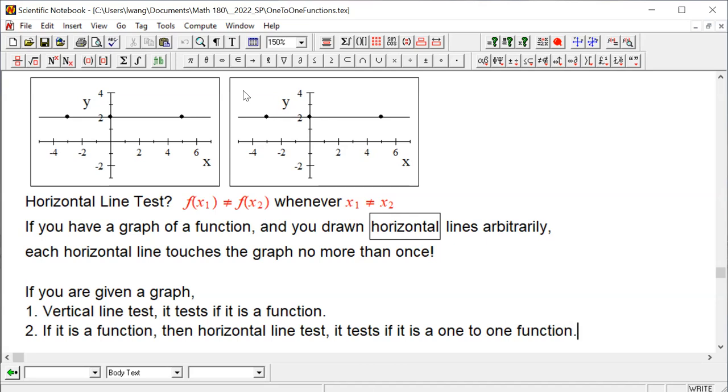Okay, so this is the general idea. But anyway, the line tests, whether vertical line test or horizontal line test, they both have to agree with the wording, the definition.